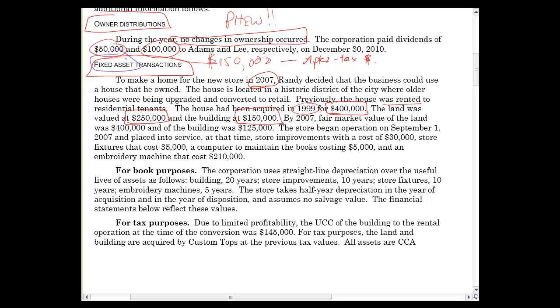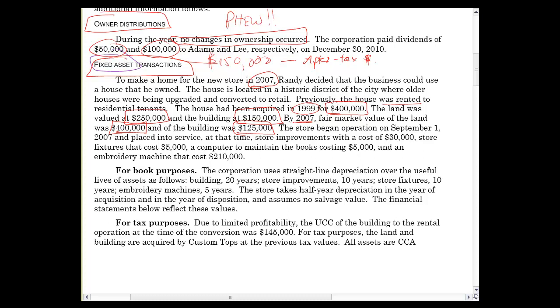So he bought it in 1999 for $400,000. In 2007, when he transfers it to the company, the values are 400, which matches. Oh, sorry, no, it doesn't match. 400 for the land, and 125. Store began operating.